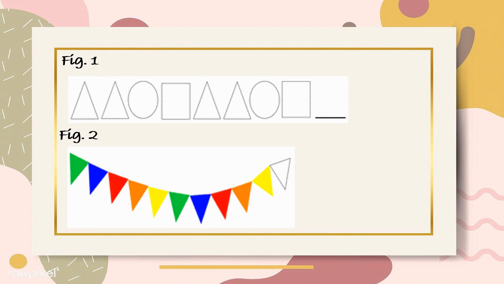To start our lesson, I have here a set of illustrations or figures, and then let's try to observe. I will be giving you 30 seconds to observe the figures or illustrations and try to identify the next figure.